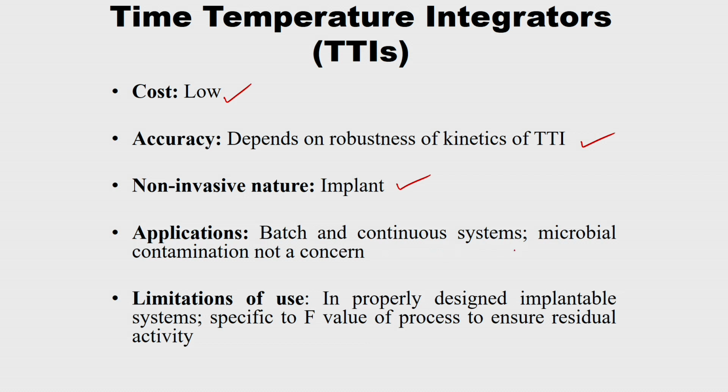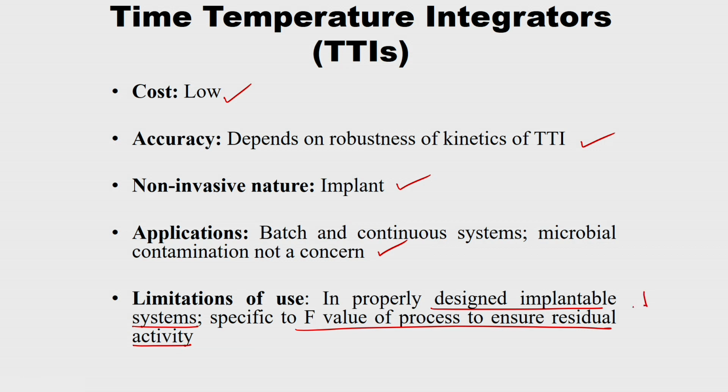And it works for batch and continuous systems, and microbial contamination is not a concern. When you use the microbial spore method directly, instead of a biochemical assay, there may be a chance for contamination, but in the biochemical TTI you won't have microbial contamination. And the limits of use: it needs a properly designed implantable system and a specific F value process to ensure the residual activity.